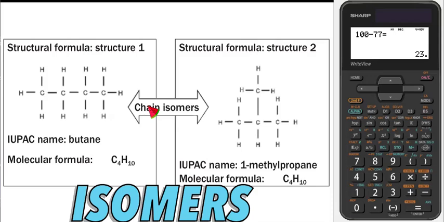You can have your chain in a straight line, 1, 2, 3, 4, 5, and then the very same chain with 1, 2, 3, 4, 5, you can bend it and write it in different forms. Then you get different names, but the number of carbons and hydrogens are the same.